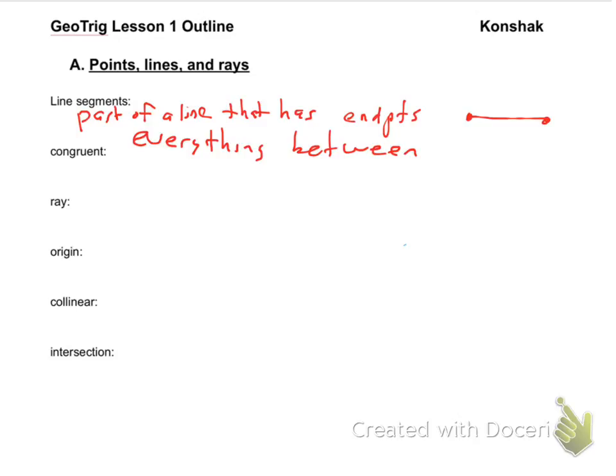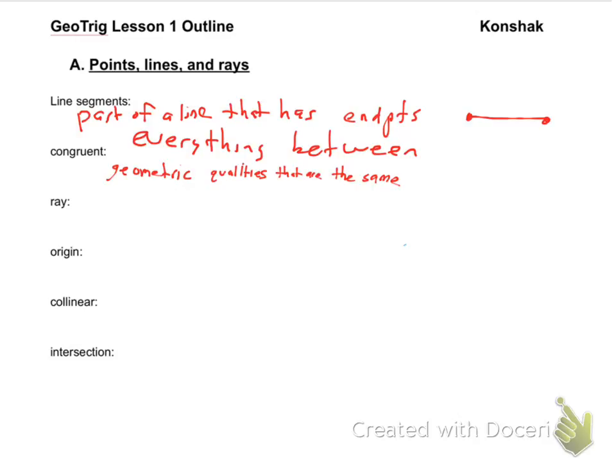The book says it's geometric qualities, so it has geometric qualities that are the same.